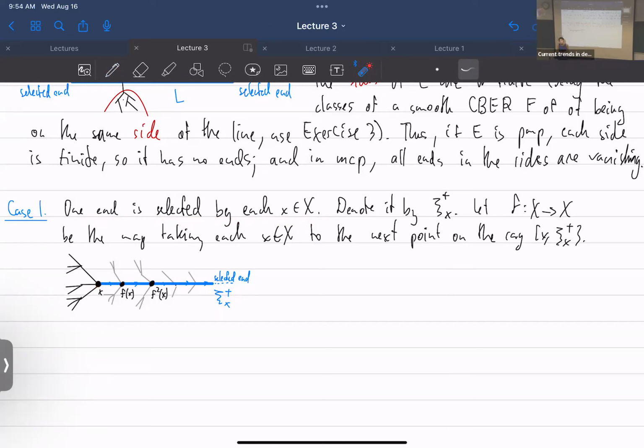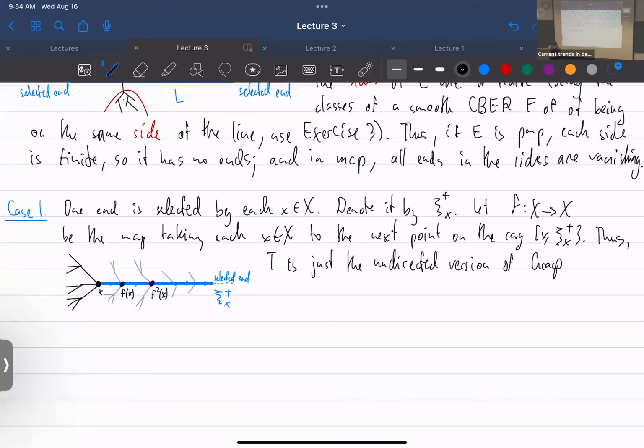The function takes X to the next point in the ray from X to that end. Okay, so there's a function, and thus the tree T is just the undirected version of the graph of f.